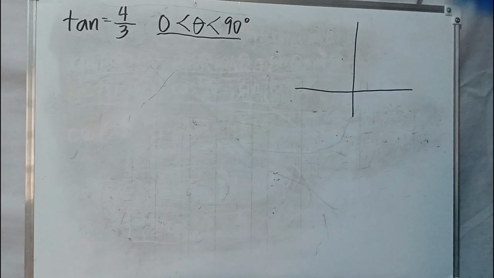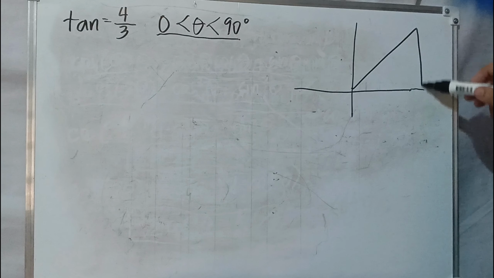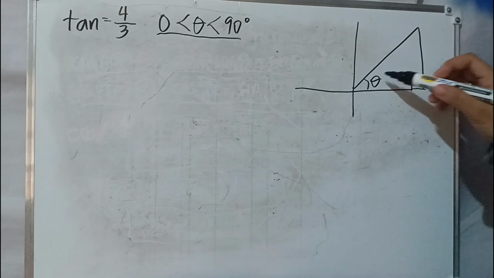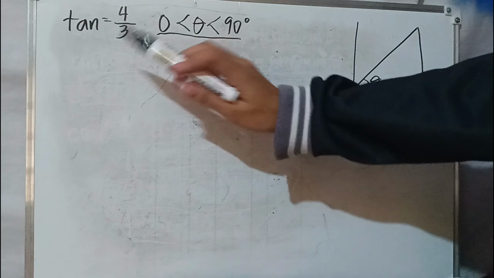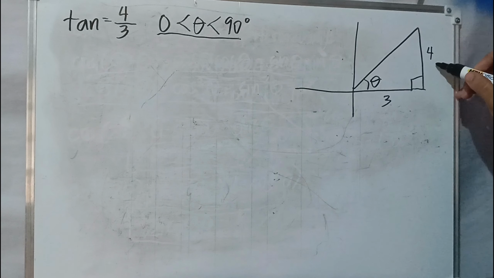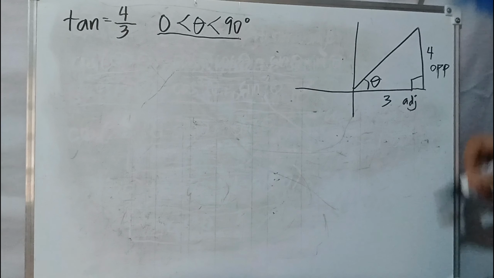And note that the theta here is in quadrant 1. So we have here the 4 and the 3. The 4 is the opposite side and the 3 is the adjacent one.